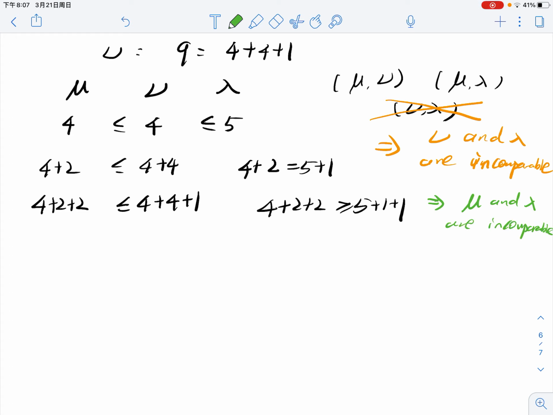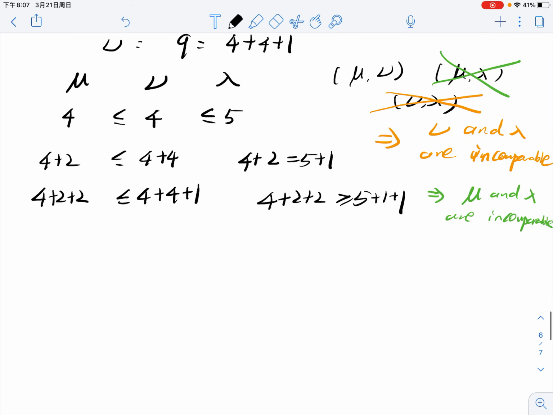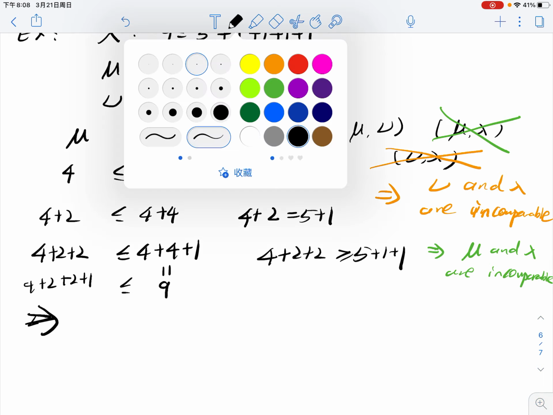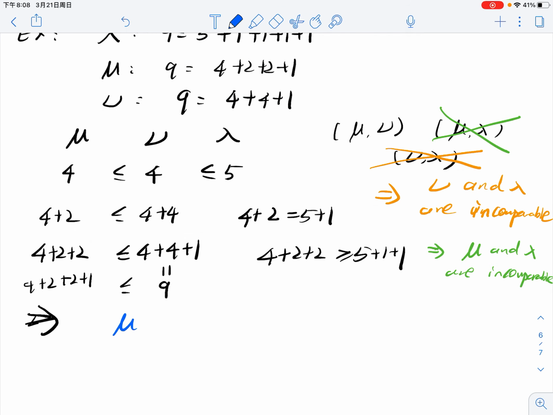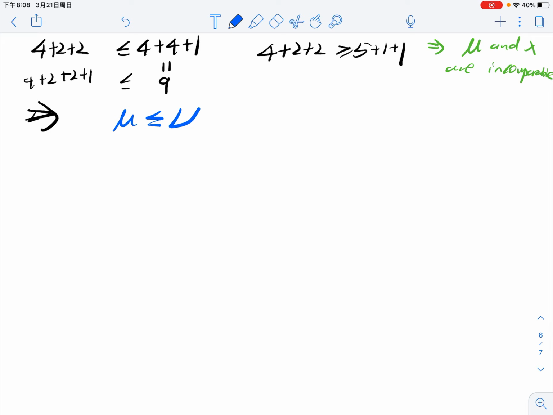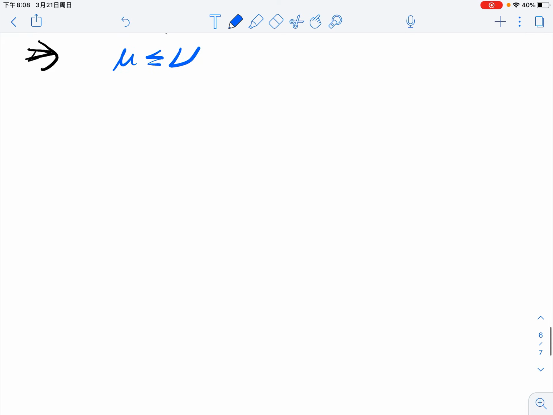Okay, so let's verify the summation of the first four items, but since this is already 9, it's always greater than the partial sums. Therefore we finally conclude that mu is actually less than or equal to nu. So from this example, you can also see that we do have a partial order.